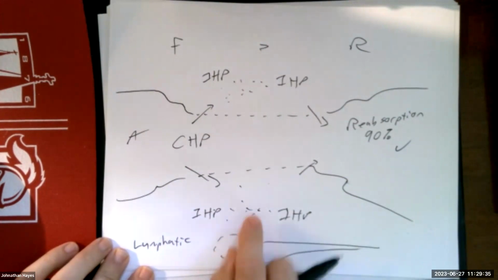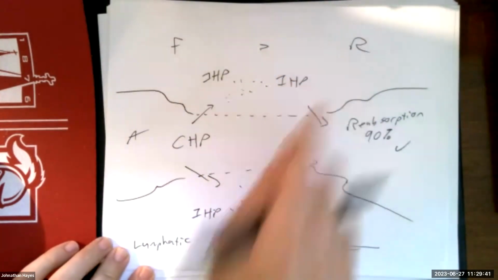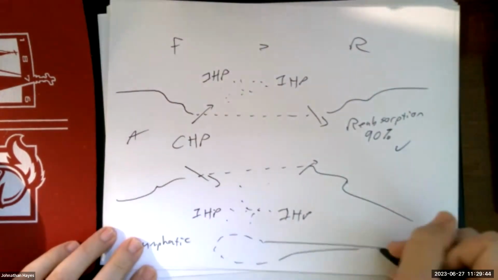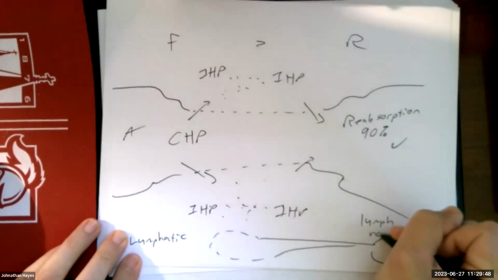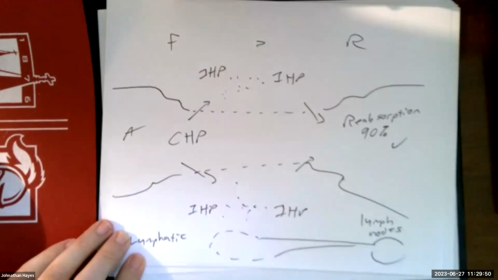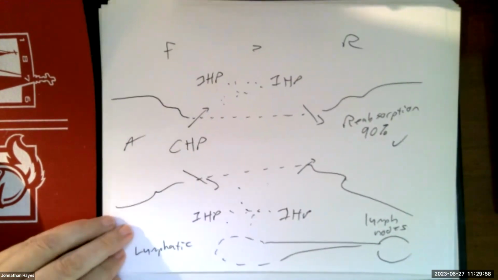But your lymphatic system is picking up that extra fluid that gets left behind because filtration is naturally greater than reabsorption, right? But the nice thing about the lymphatic system is along the way, we're going to clean it too, using things like lymph nodes. And then eventually we can dump it back into circulation at some type of collecting duct, right? So that's another concept.